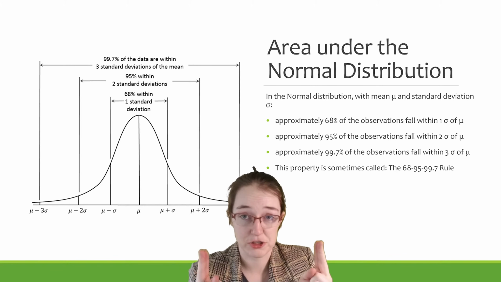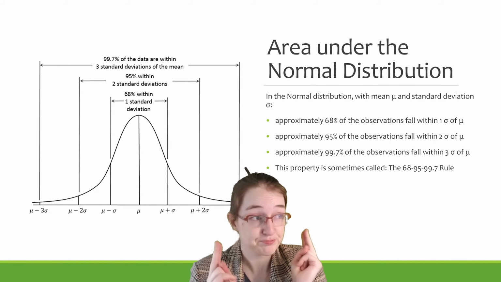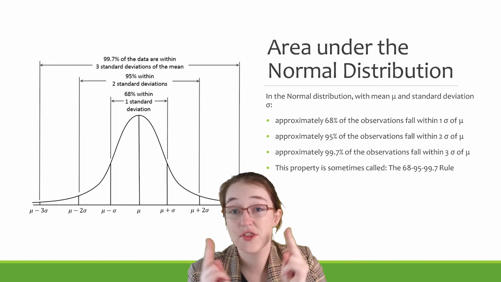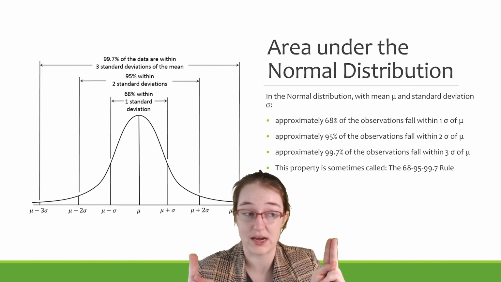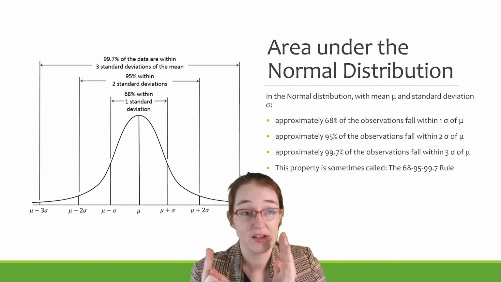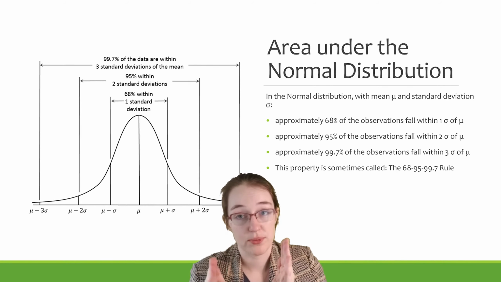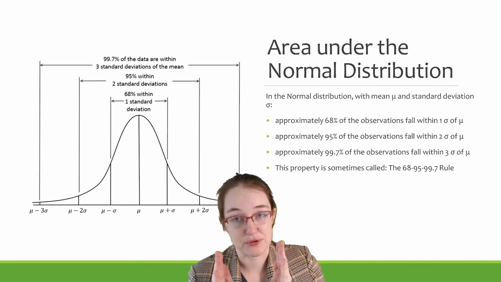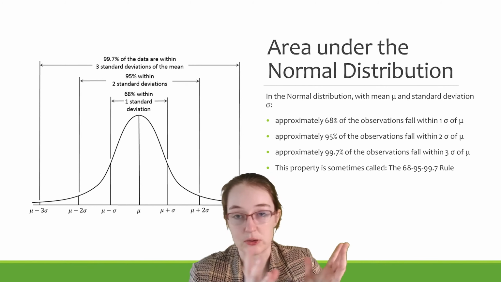Two standard deviations out in both directions gives us 95%. Three captures 99.7%. That's on both sides. If you just want to look at average to above, that only captures 34%. So that's the idea.